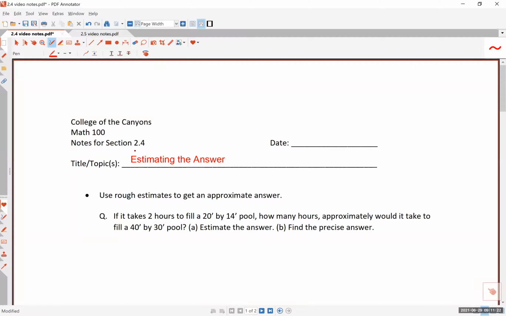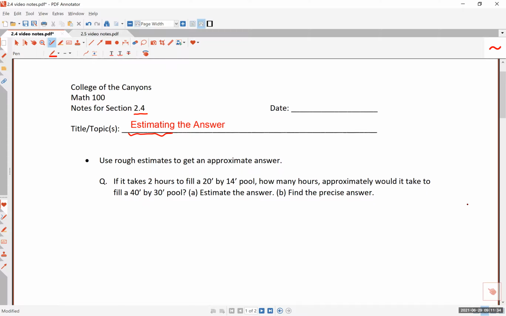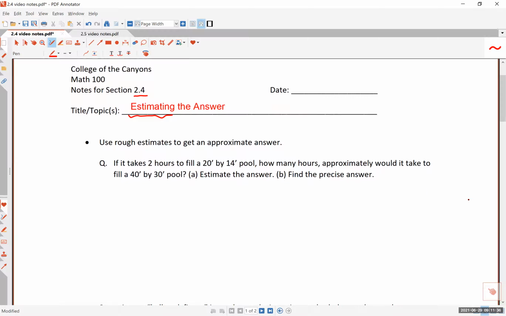So section 2.4 is on estimating the answer. We have previously talked about how you estimate or guess, or combine the words, guesstimate the answer. Basically, you just come up with a ballpark figure: what do you think is the answer approximately? This is helpful in a very practical sense.